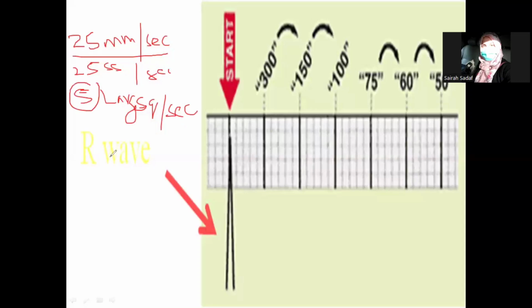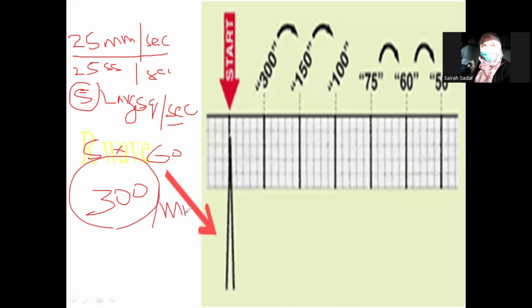So if 5 large squares cross the paper in 1 second, how many large squares will cross the ECG paper in 60 seconds? You have to multiply it by 60 and you will get the answer 300 per minute. So that is the 300 we have here. Okay, it's easy how we get this 300.